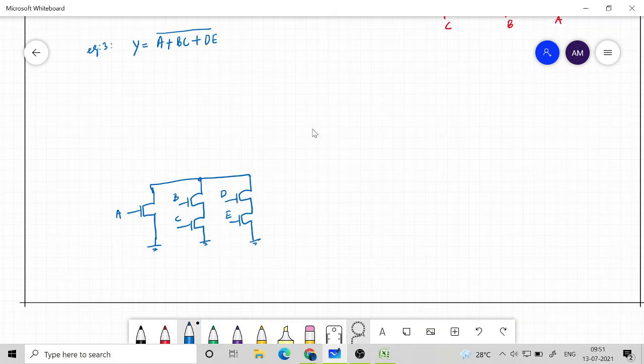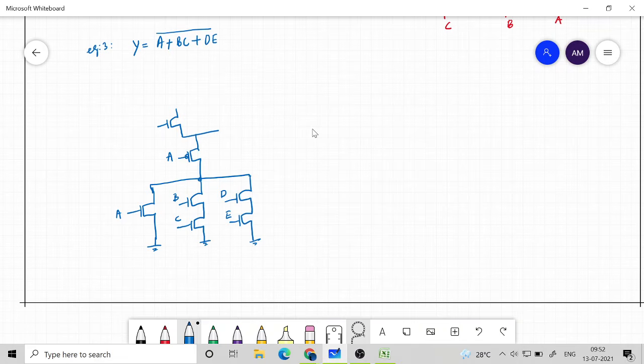Now how do you draw the PMOS side? Just basically take the dual of this, and put P transistors there. So that means wherever it was parallel, it should become series. There are multiple ways I can put it. So I can say that this is A, and then I'll put 2.